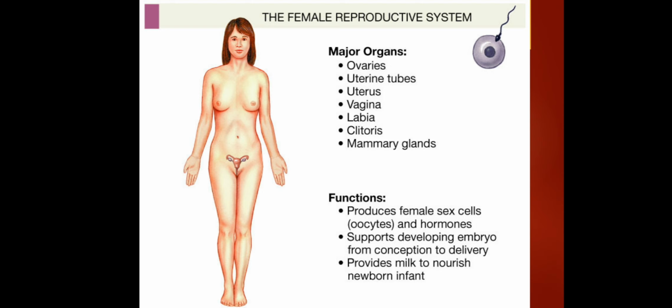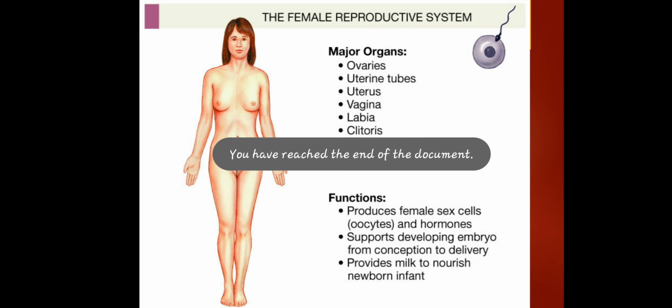Okay, so reproductive system, again, for the last time, produces gametes, sex cells, and sex hormones. From the production of sex cells and sex hormones, we can ultimately produce or develop an offspring. So that is the reproductive system.